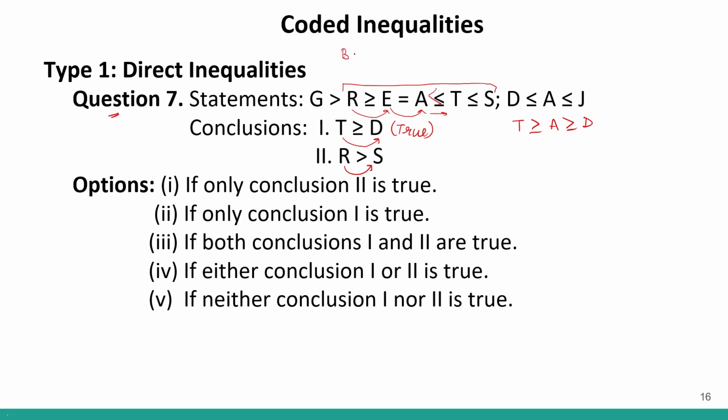And we always move from bigger door to small door. So now I have a small door, that means I cannot proceed further. So if I cannot proceed further, I cannot reach up to S. That means this conclusion will be false. We cannot determine the relationship between R and S. So if we cannot determine the relationship, this will be false.